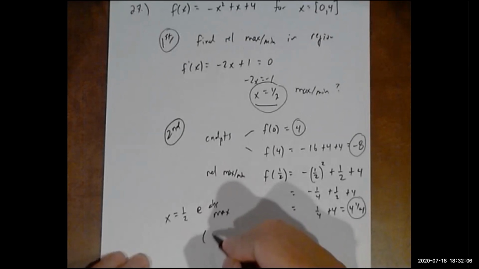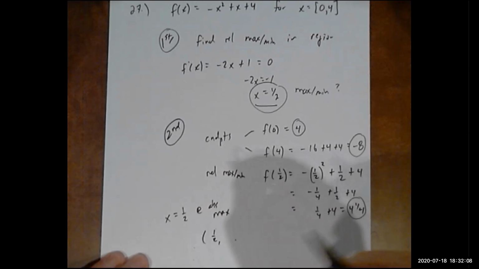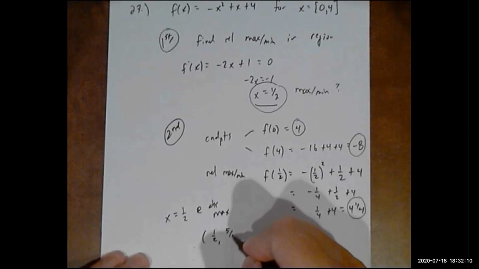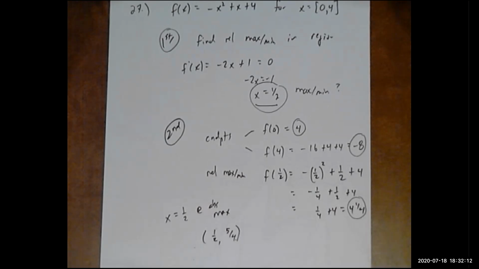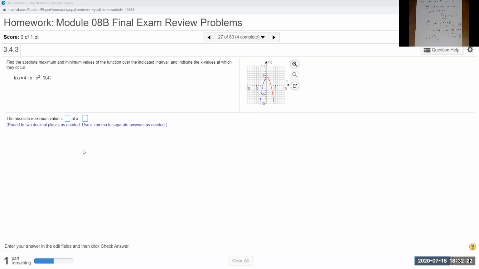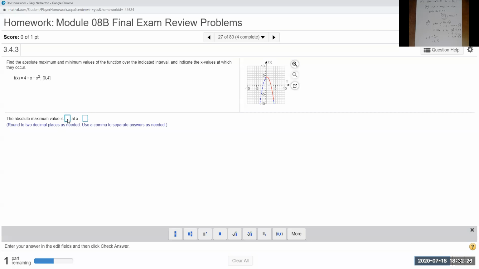If they ask us for the point, it'll be like 1/2, 5/4. All right, so absolute maxes and mins, not that hard. The absolute maximum value, so now they're asking, what's the absolute maximum value of the function? I said it's 5/4, and it happens when x is 1/2.